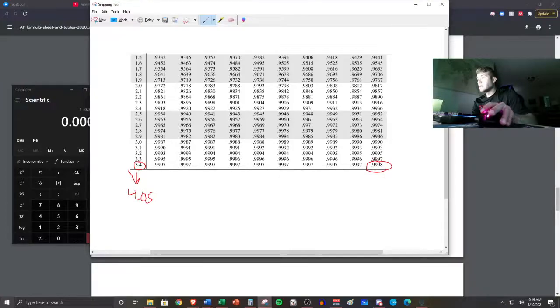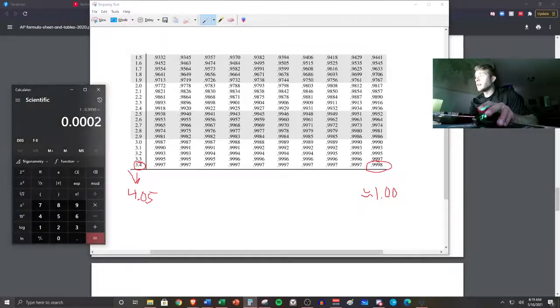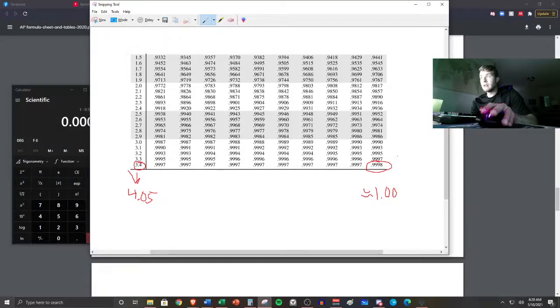4.05. So that p-value is even smaller. Okay, even smaller. This is approximately 1, which means the p-value is approximately 0. Because again, this is the area to the left. How we have to think of these tables. This is to the left. The right would be 0.002.